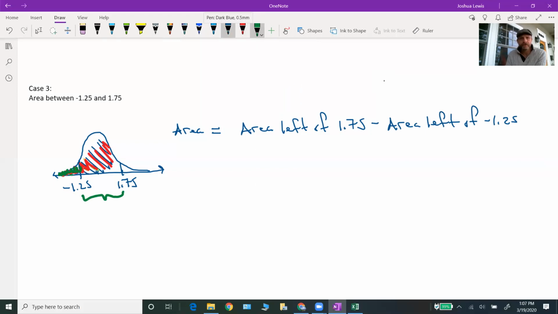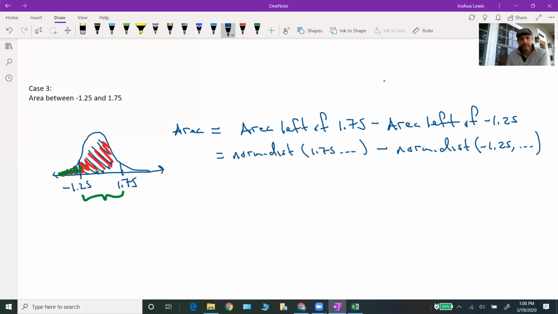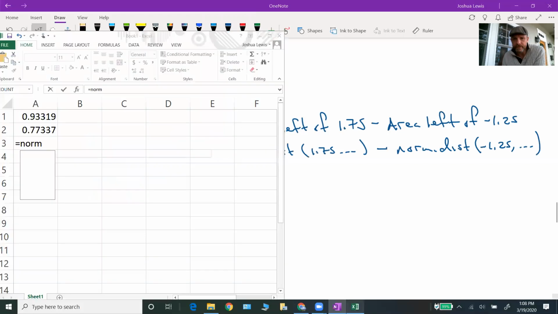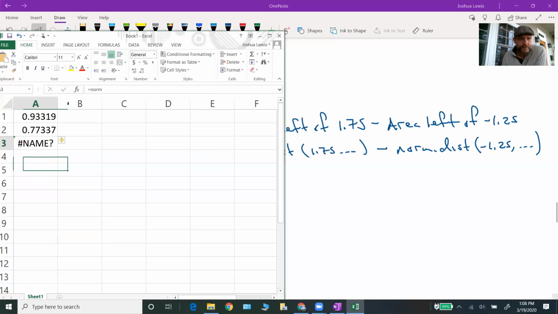And we know how this works. This is a norm dist of 1.75, etc., minus a norm dist of negative 1.25, etc. So what are we going to get here? Let's go back to Excel and compute exactly that.